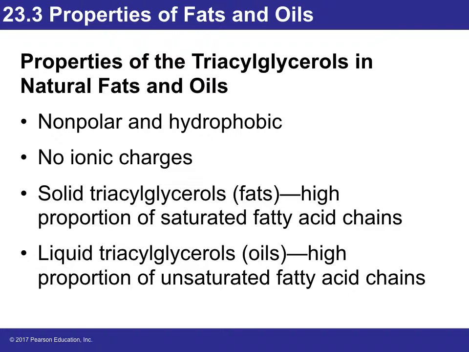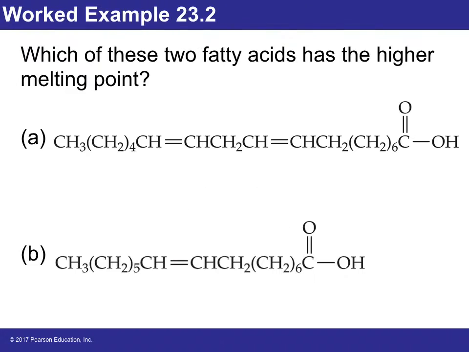And if you look here at the difference between fats and oil, fats have a high proportion of saturated fatty acid, oil a high proportion of unsaturated fatty acid. So that's an example. Which of these two fatty acids has the highest melting point? Well, you're going to look at the chain length, the number of carbon atoms, and the number of unsaturated or double covalent bonds that are present.